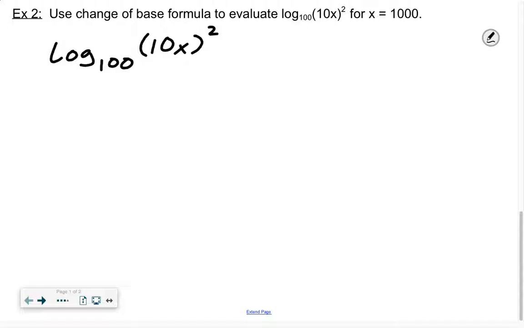Move the 2 down below, right? Okay, then what? Separate them out. We most certainly could. That's what we did in the last one.